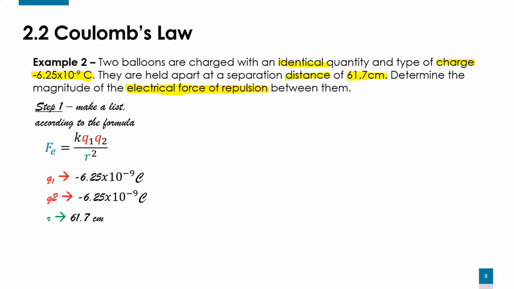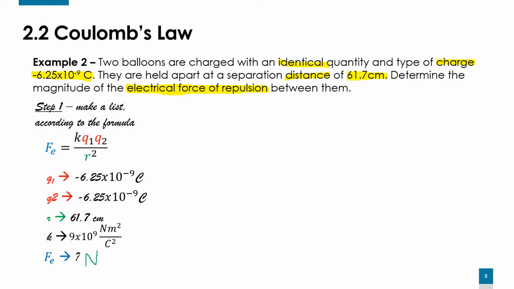What else is not written, but I always have this information, is the constant, 9 times 10 to the power of 9 newtons meter squared per Coulomb squared. Okay? Step 1, done. My list. No, not done, sorry. What do I need to find? My electrical force. And my electrical force will be positive because it's repulsion, remember the convention. And it's going to be in Newtons when I find it.